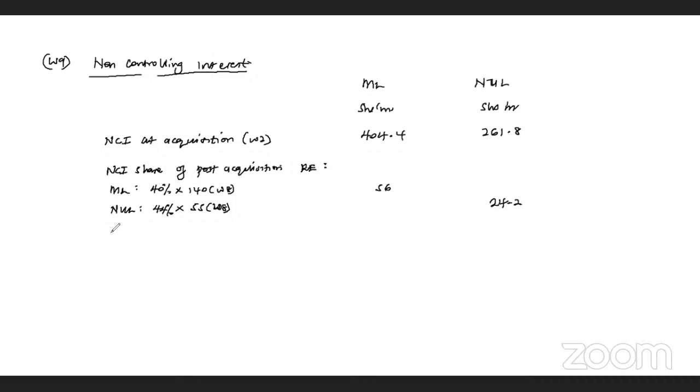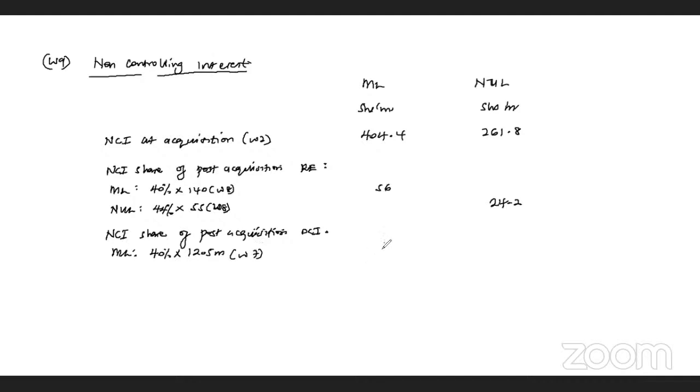Remember, the NCI also have a share in the other components of equity. NCI share of post-acquisition other components of equity. So in ML, their share is 40% times the 12.5 M. This was from working number 7, other components of equity.